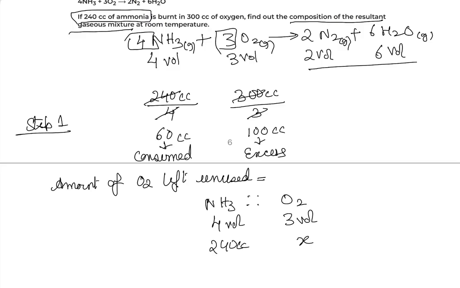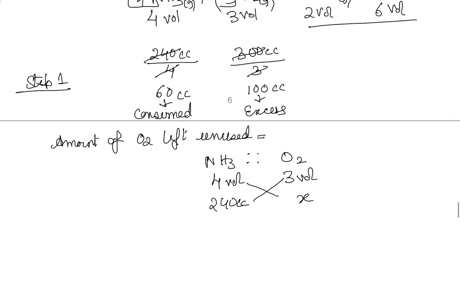So how much volume of oxygen is going to react? I will take the ammonia volume as a standard, which is going to decide how much reactant is to be used and how much product will be formed. So that is my standard value. I am not going to use the cc of oxygen which is given to calculate the amount of product formed or what is involved in the reaction. So you do cross multiply, you will get it.